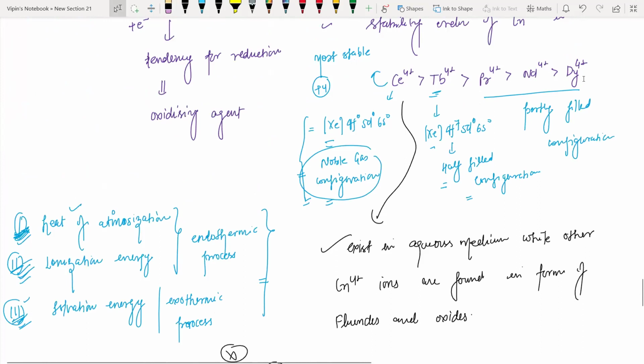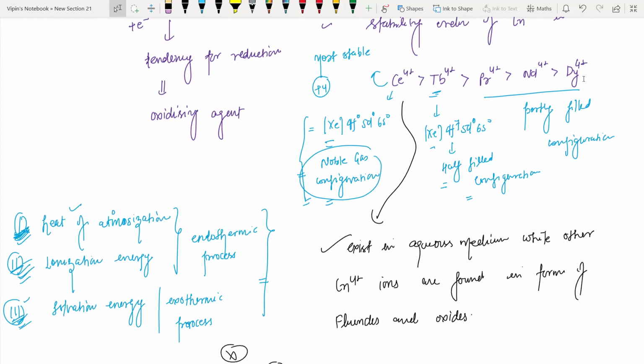So in any system, if you want to stabilize a higher oxidation state, then the surroundings should be such that they form a bond of such a strength that will satisfy or compensate the energy that has been consumed in order to achieve that high oxidation state, right?